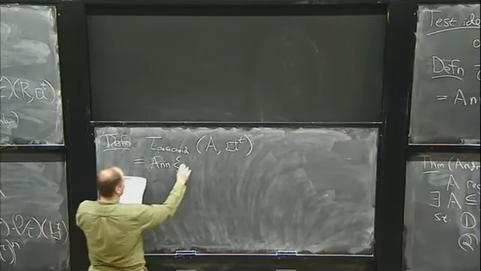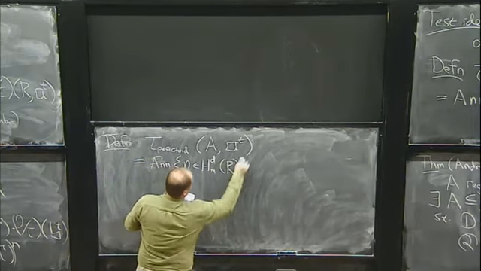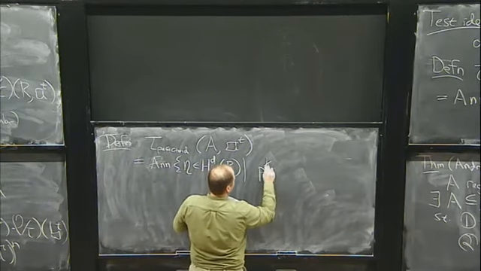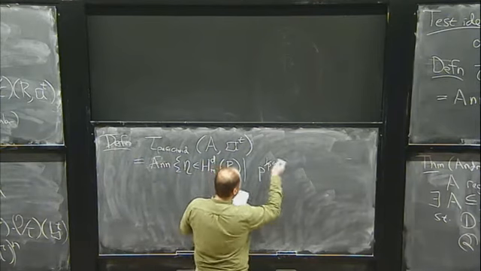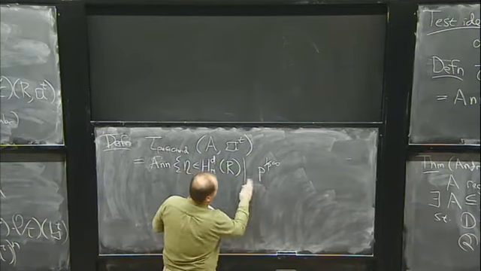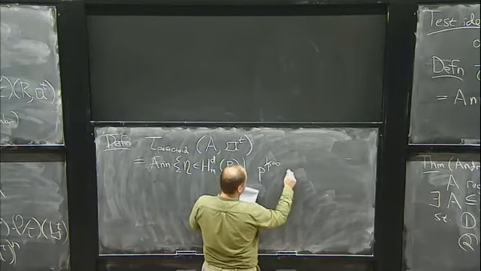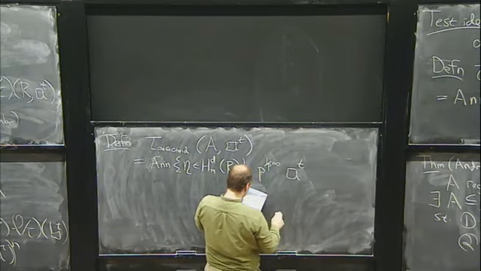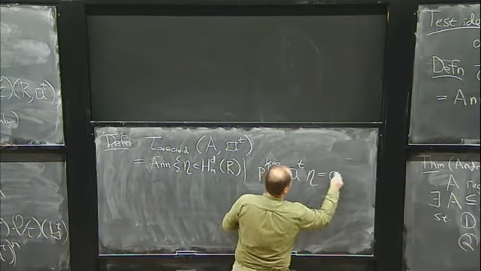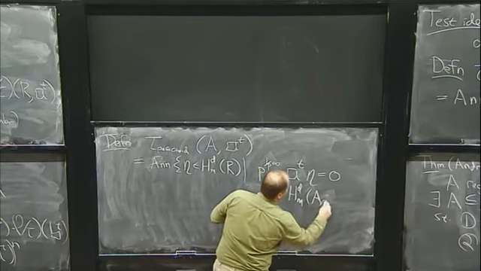It's the annihilator of eta in here, such that 1 over p to the 1 over infinity, or if you want, you could take varpi if you're dealing in the ramified case where this is an appropriate guy, times a to the t, and I'm going to have to tell you how I interpret a to the t, times eta equals 0, and this is going to take place in H^d_m of A infinity.